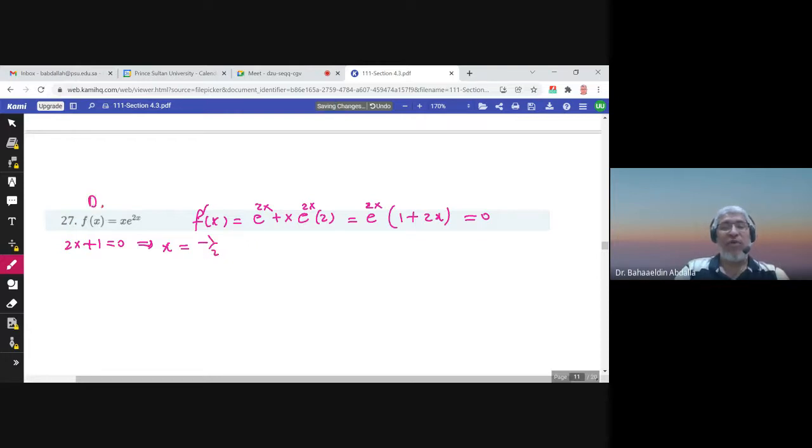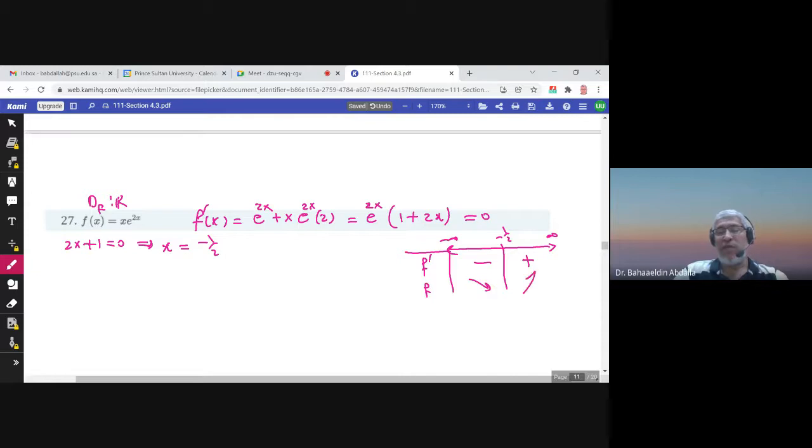Of course, the domain of f here is all real numbers, so we have no problems. From negative infinity to infinity, and here I have negative half. Well, the sign of f prime depends on 2x plus 1. To the right of negative half, the sign is positive, and here it's negative.